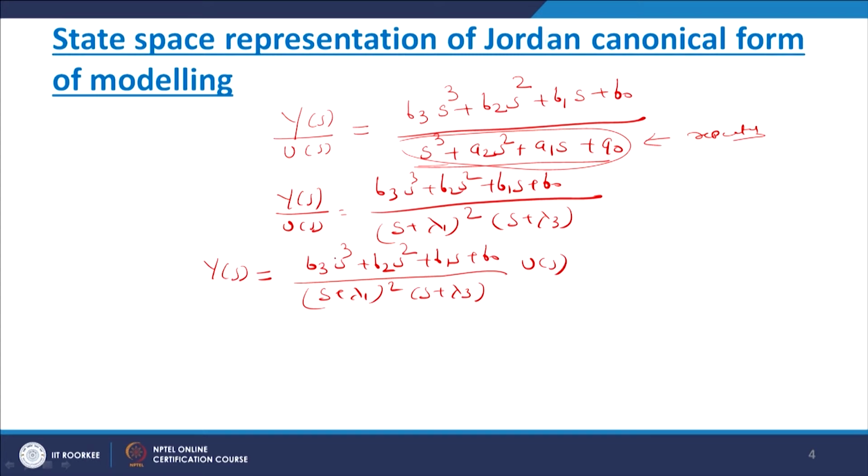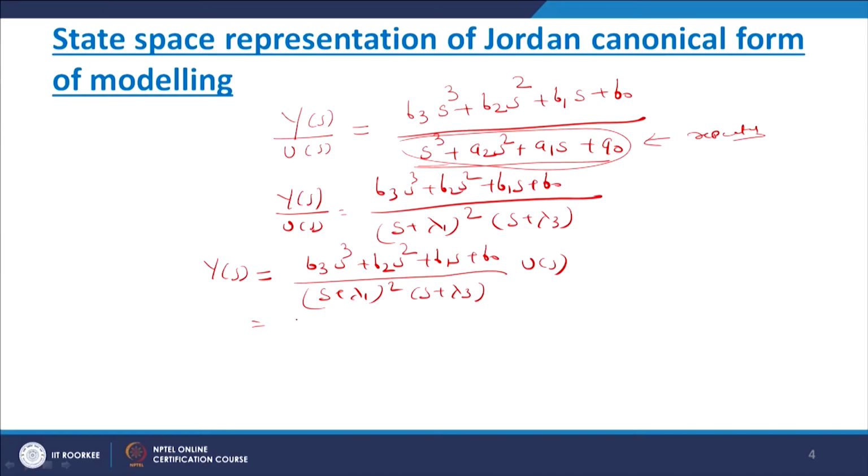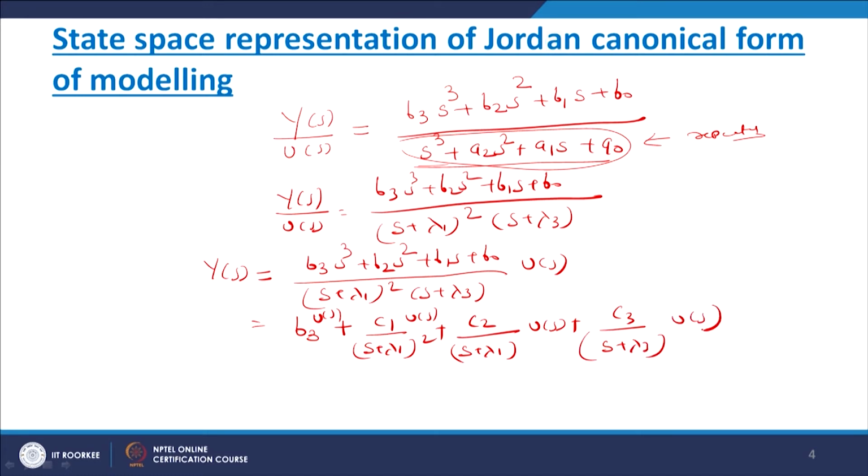Now, for this type of transfer function we cannot apply the inverse Laplace transform. So in order to apply the inverse Laplace transform, we have to write this transfer function in this form: b3 into U(s), plus c1 upon (s plus lambda 1) square into U(s), plus c2 upon (s plus lambda 1) into U(s), plus c3 upon (s plus lambda 3) into U(s).